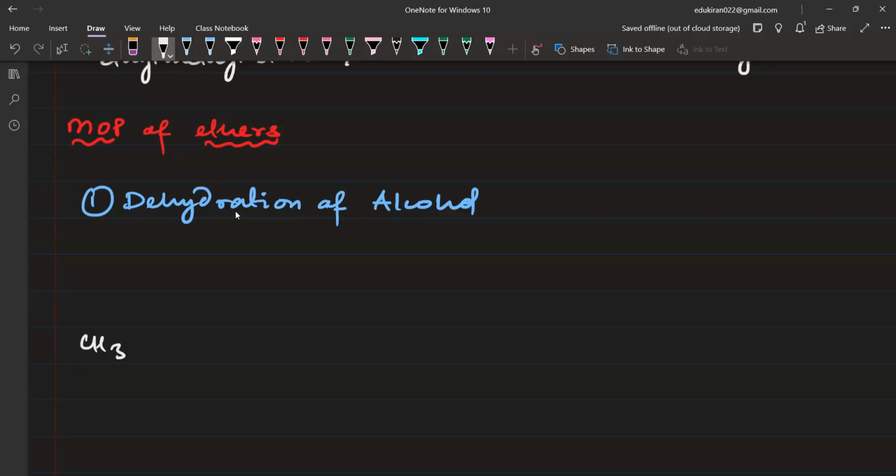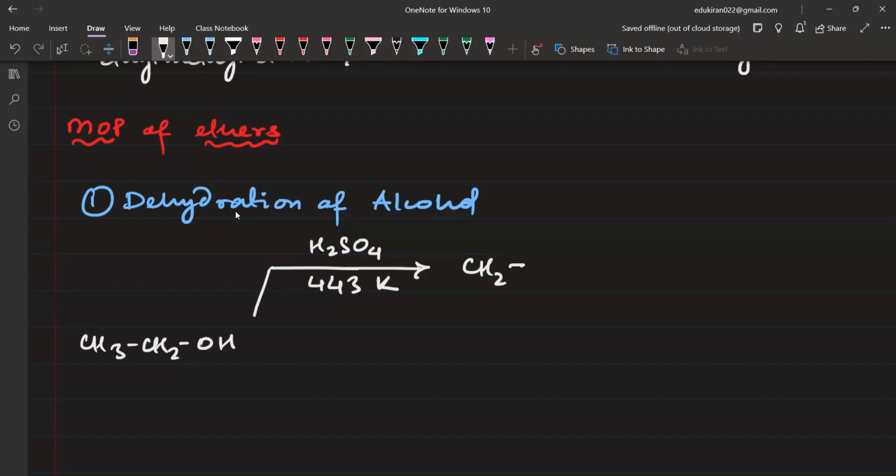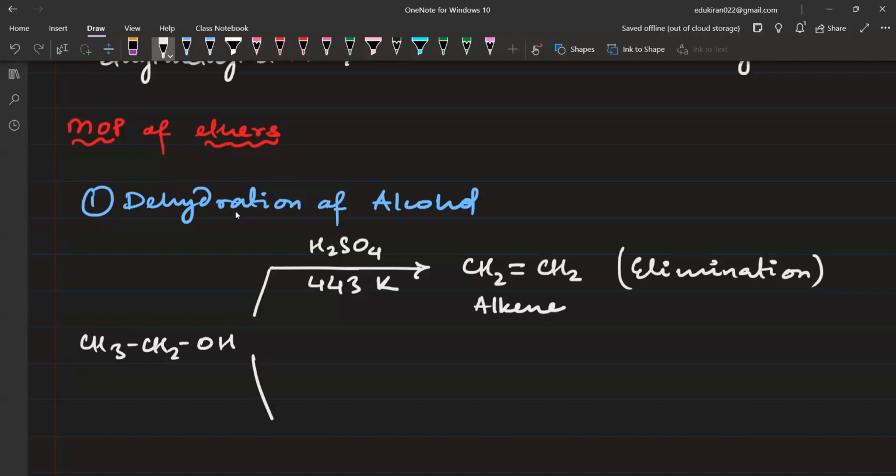So for example, if you have CH3 CH2 OH, and you use H2SO4 at higher temperature, for example, 443 Kelvin, then in that case, you're going to get alkene, that is CH2 double bond CH2. So this is an alkene that you get via elimination reaction.